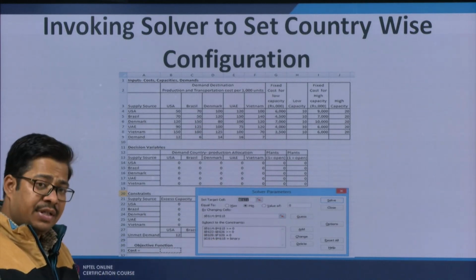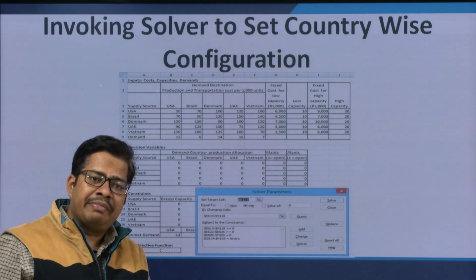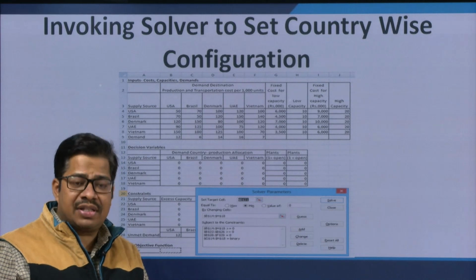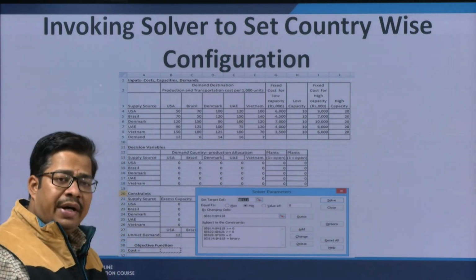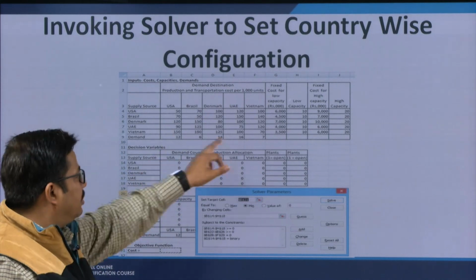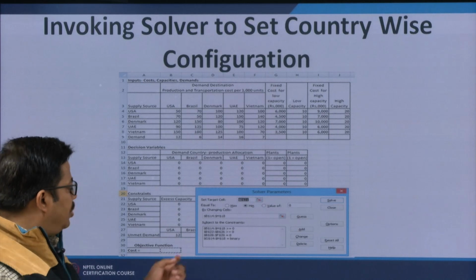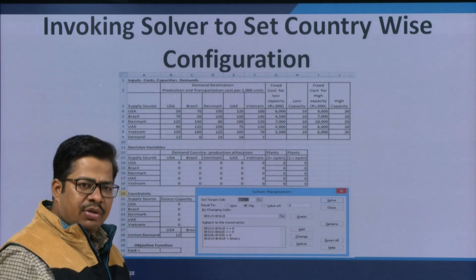In some cases, if you feel that you can leave some of the unmet demand, if model suggests that way, that even if you are not going to fulfill the 100% demand of some of the destinations, it doesn't matter. In that case, you can have B28 to F28 greater than or equal to 0.